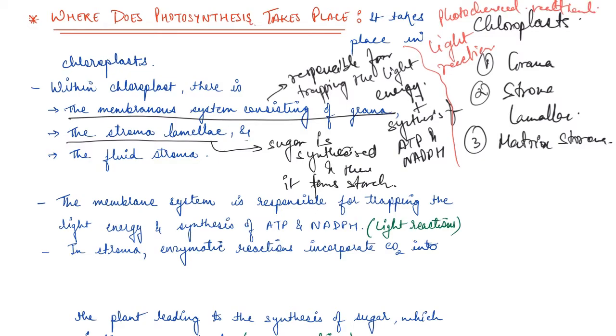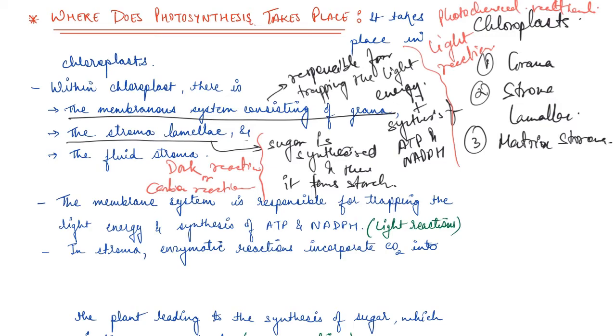And this reaction is known as dark reactions. It is also known as carbon reactions. This is happening in the absence of light. The first one is known as light reaction, where light is directly involved.